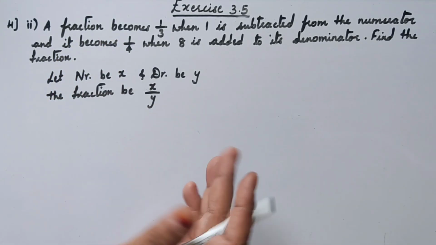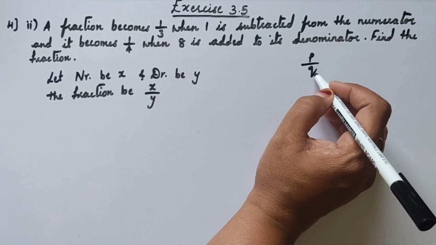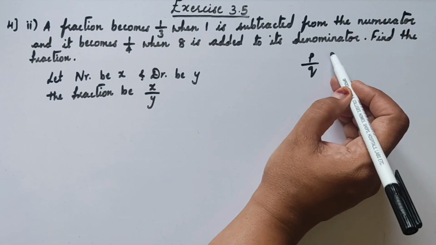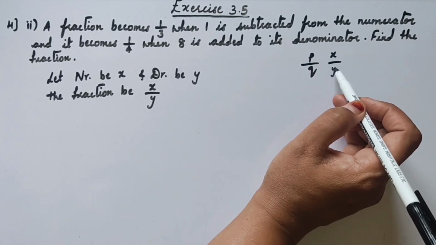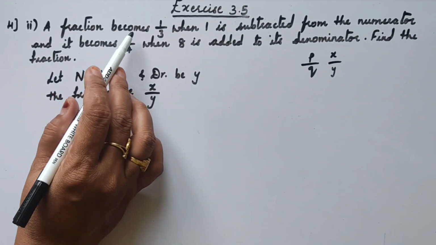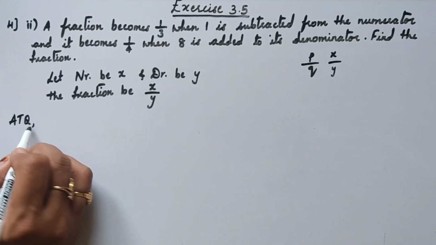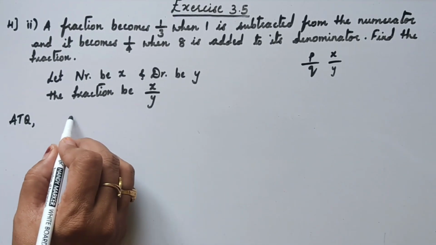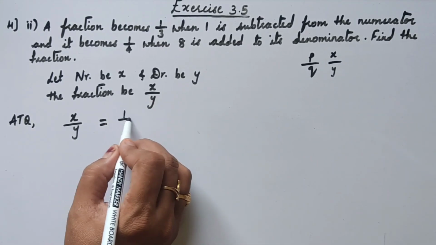It is in the form of p by q, where we have got a numerator and a denominator. I can say let the numerator be x and the denominator be y, students. Okay, now here a fraction becomes 1 by 3. So according to the question, the fraction x upon y becomes 1 by 3.